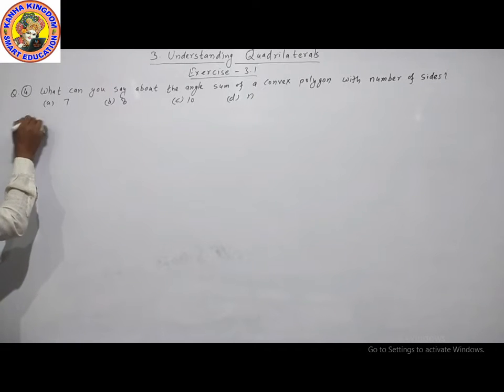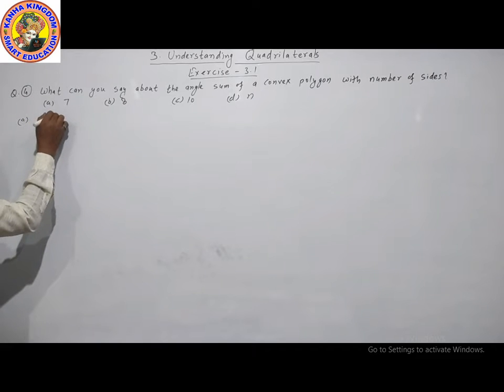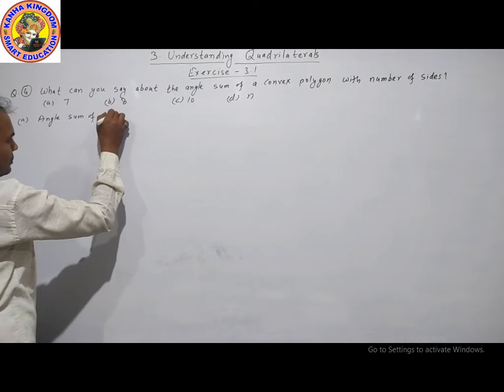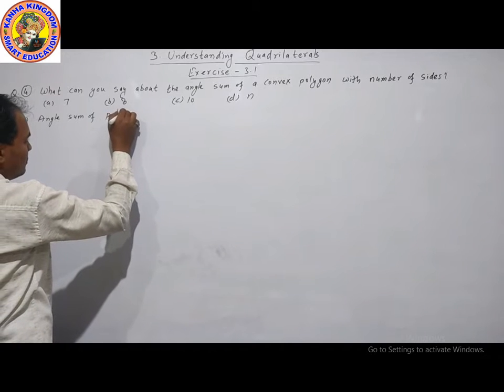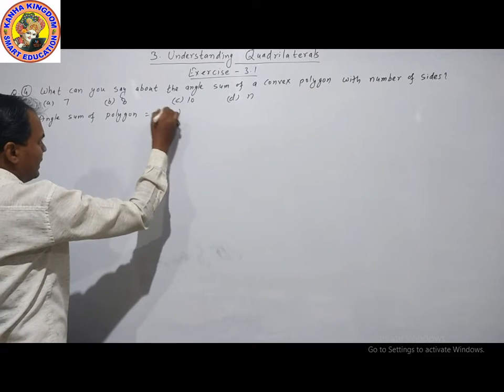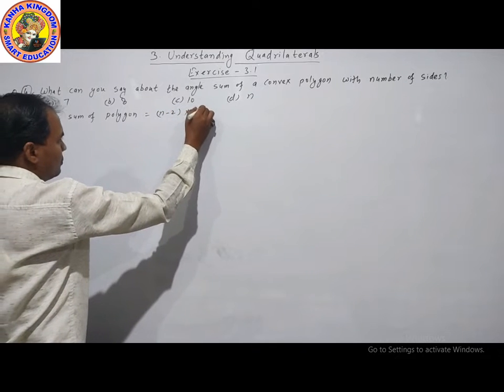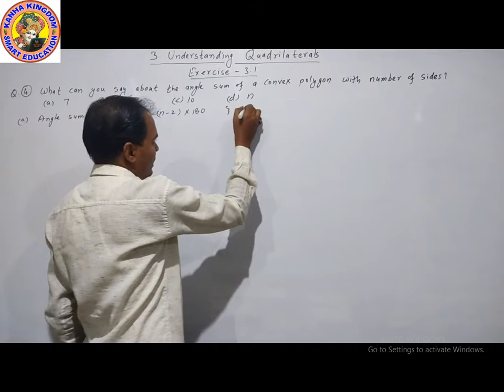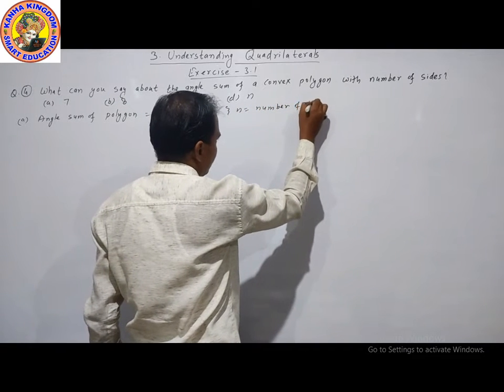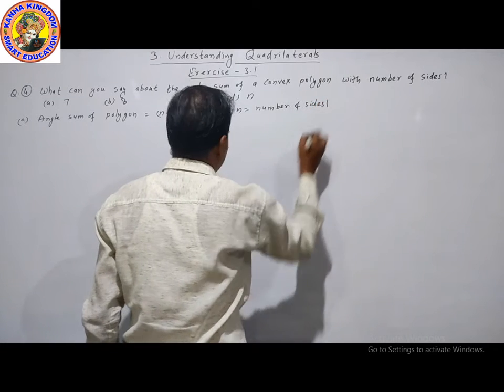Now, the angle sum of a polygon is equal to (n minus 2) into 180, where n is the number of sides.